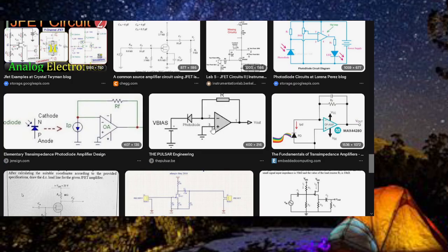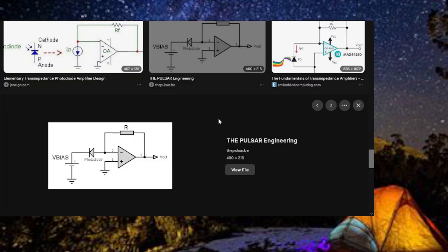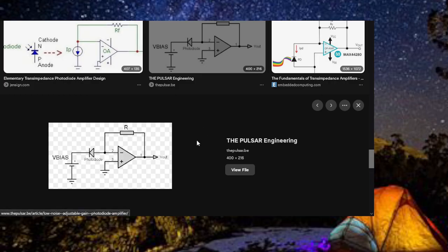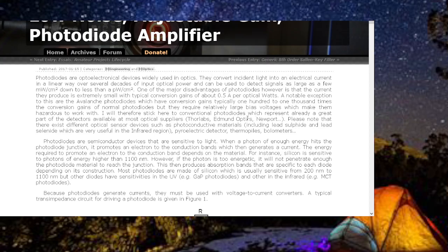There's a reverse bias photodiode circuit here. The currents they produce are extremely small, with typical conversion gains of about 0.5 amps per optical watt.